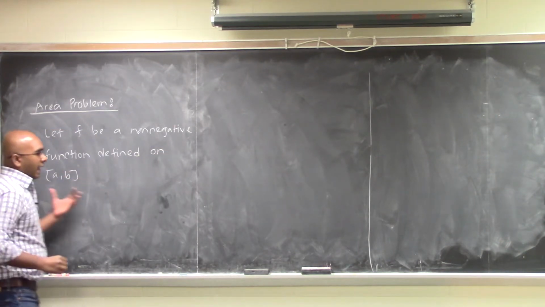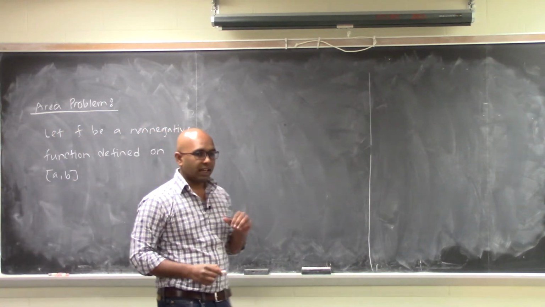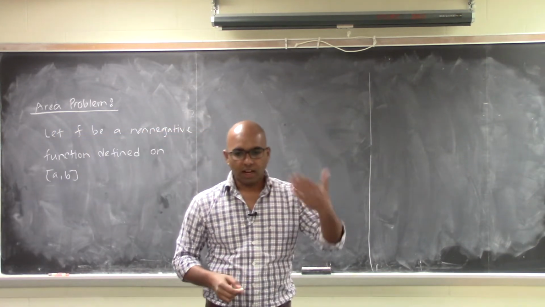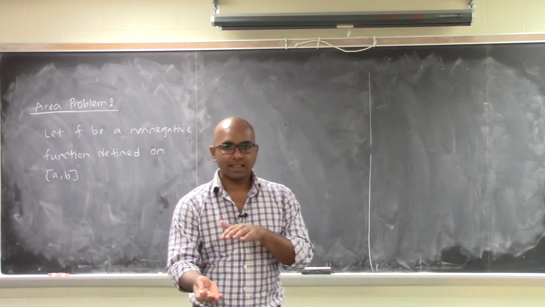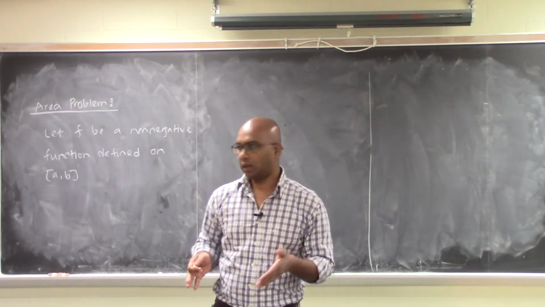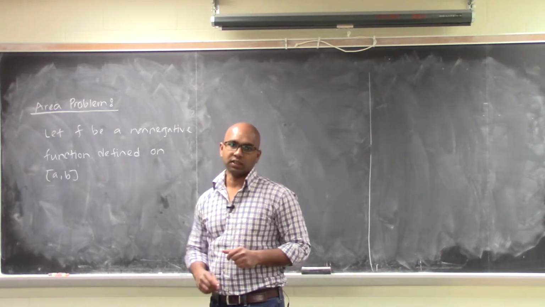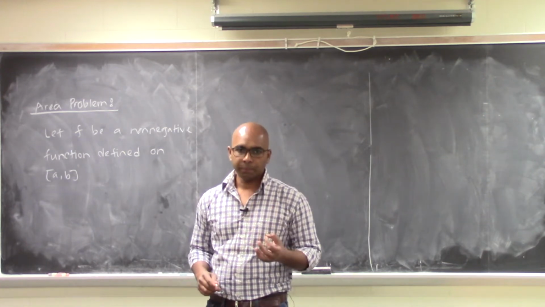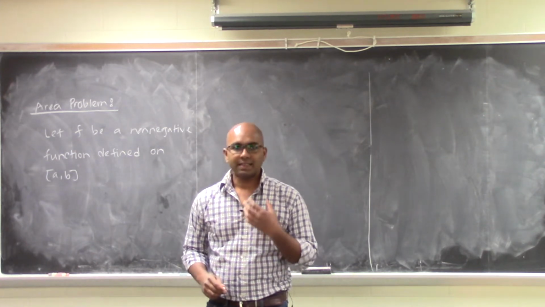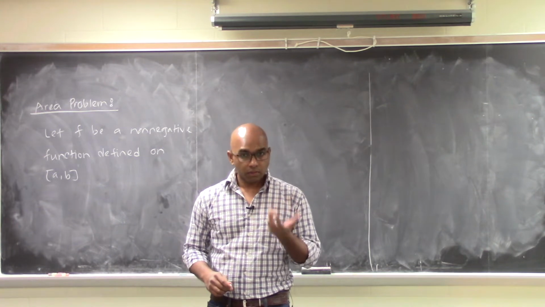Okay, and if I have a function like this, then I have a region that is bounded by the graph of f, the x-axis, and two vertical lines coming from those endpoints, x equals a and x equals b. The question is, what is the area of that region?